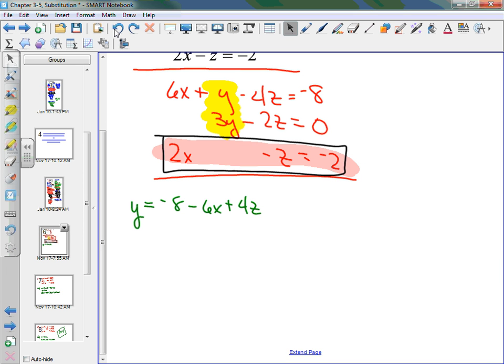So I have 3 times negative 8 minus 6x plus 4z is equal to 0. And what do I do? So negative 24 minus 18x plus 12z is equal to 0. Now what? Add the 24 to both sides.